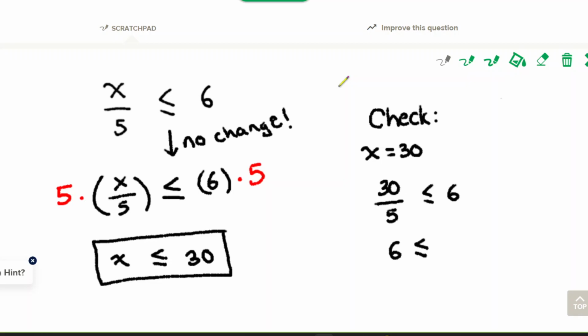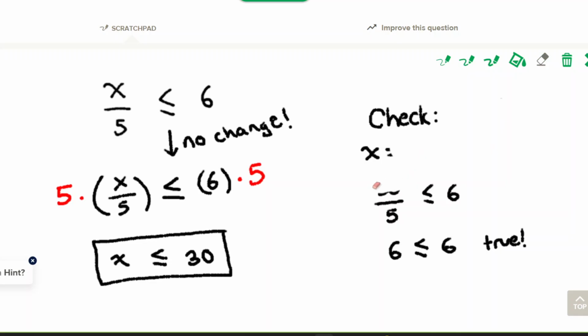Is that less than or equal to 6? Yes, this is true because of the equal part. 6 is equal to 6. So it's less than or equal to 6. So this is true, meaning that 30 is a solution, which I have described here. x equals 30 is a solution.